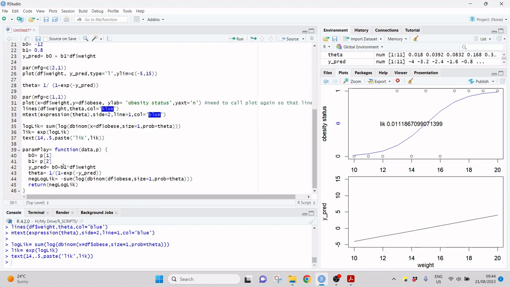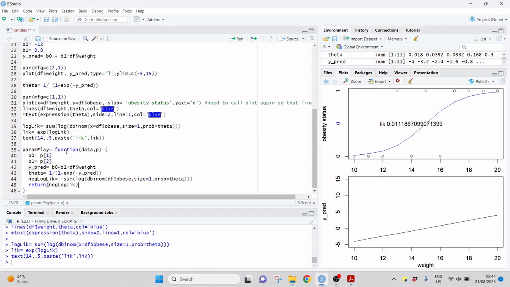I calculate the line, I calculate the theta, meaning doing this transformation, and then I calculate again the log likelihood. In this case, it's a negative log likelihood, so we have this minus here, which is then returned from this function. The reason for the negative log likelihood is that we're going to use this function in an optimization algorithm, and optimization algorithms typically are minimization algorithms.